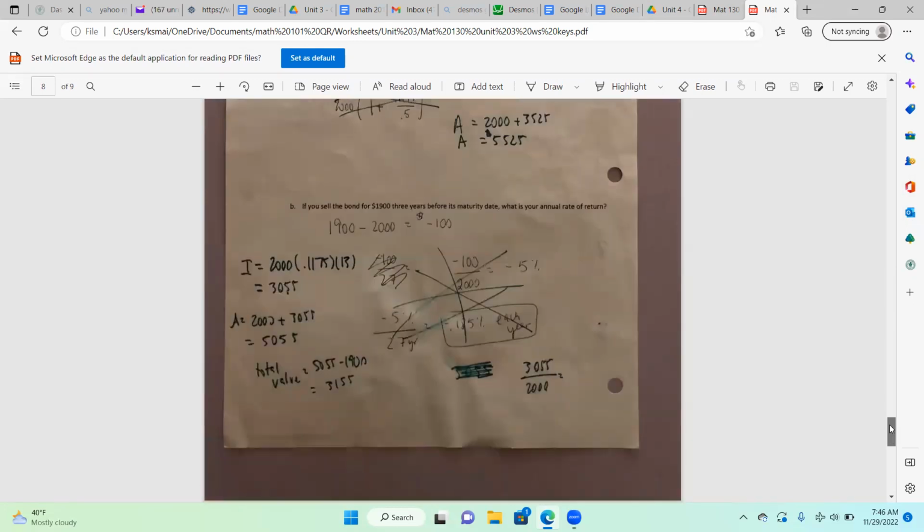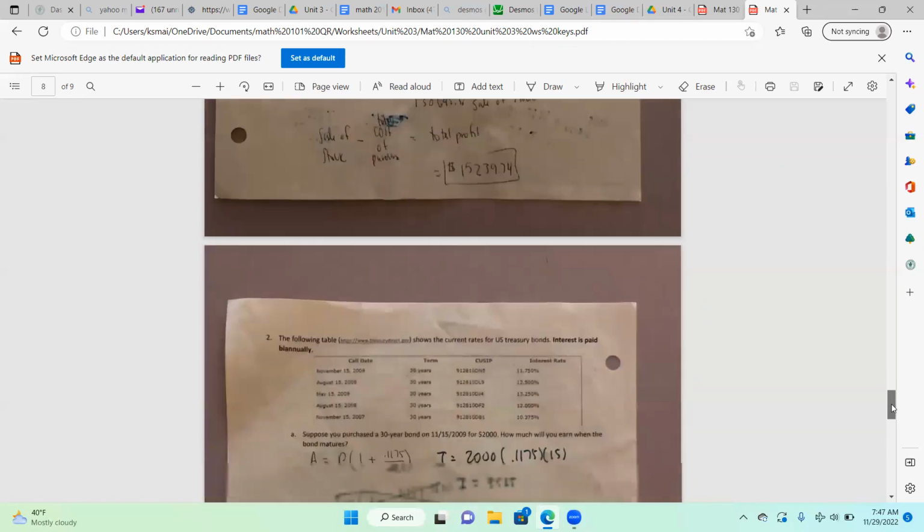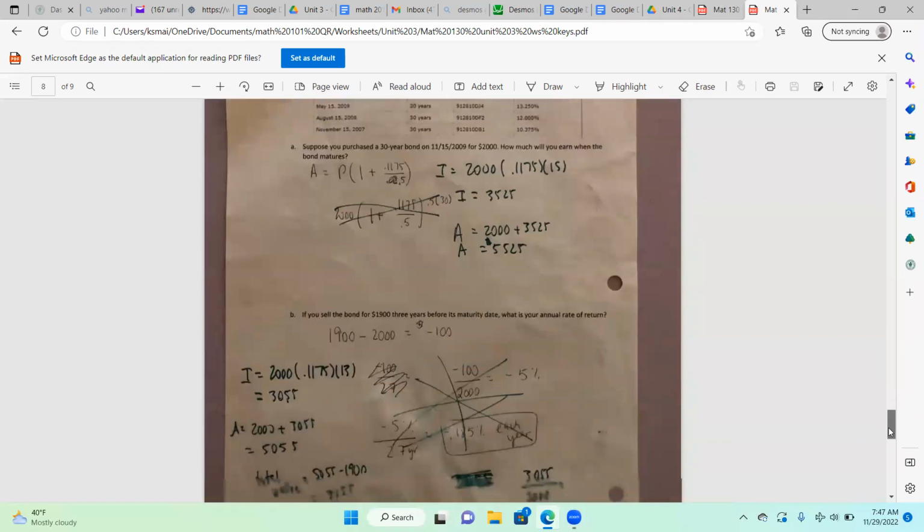And then it says if you sell the bond for $1,900 3 years before its maturity date, what is your annual rate of return? Well, if we sold it 3 years before, that means we would have earned only 27 years of interest.